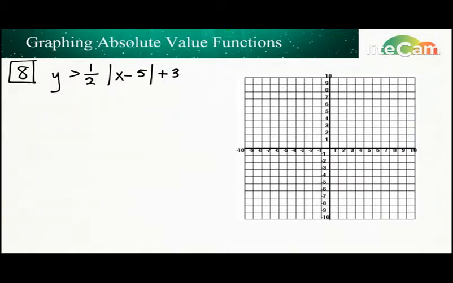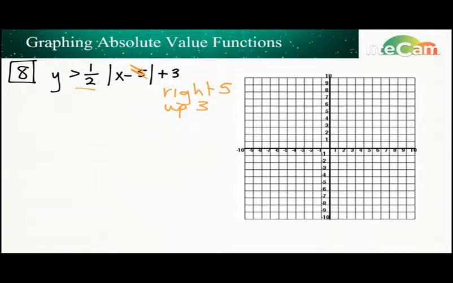Okay, so for our next problem, we have a couple of things going on here. We're still doing a greater than. We have a number up in front, which means that this absolute value is going to be a little bit wider, and then we're going to shift. So this is going to be right 5 and up 3.